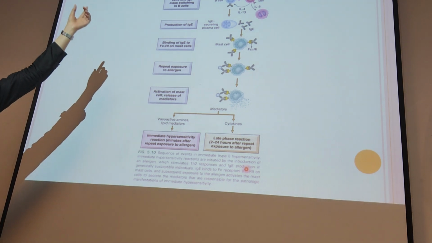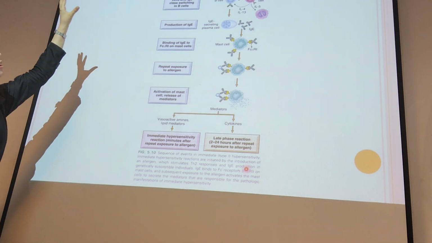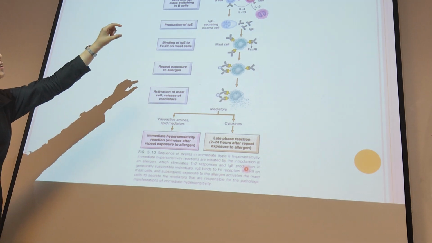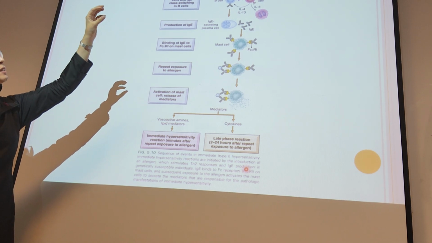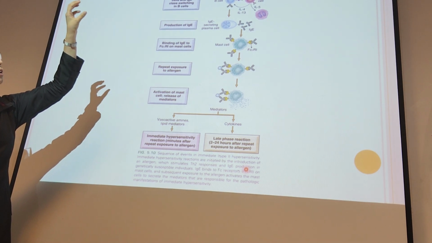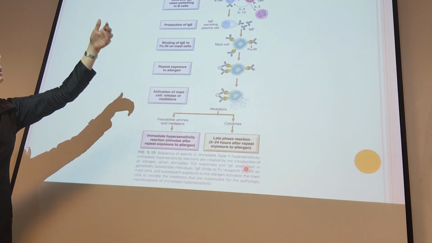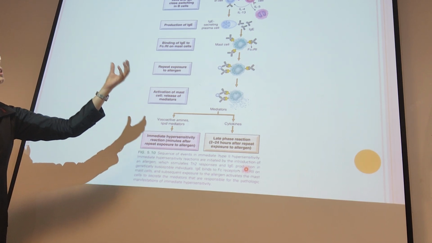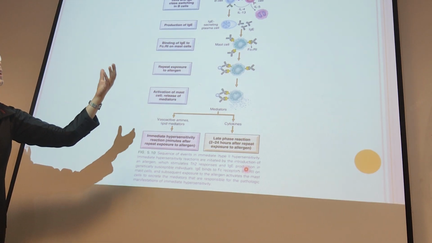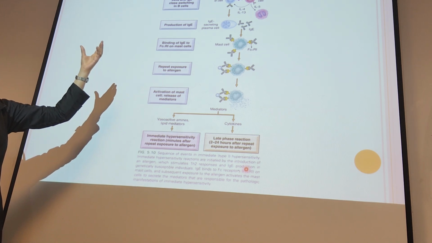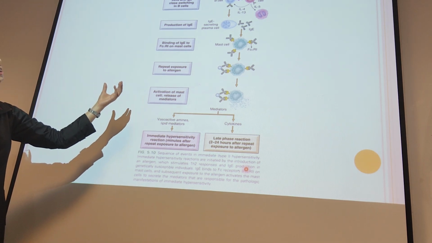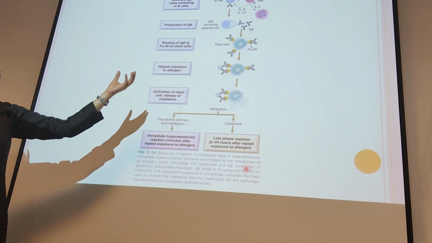I told you that we have the allergen, the dendritic cells, present some part of the allergen to the T cells. We have T helper 2 cells which are activated, and they activate the B cells and class switching occurs. We have IgE production.